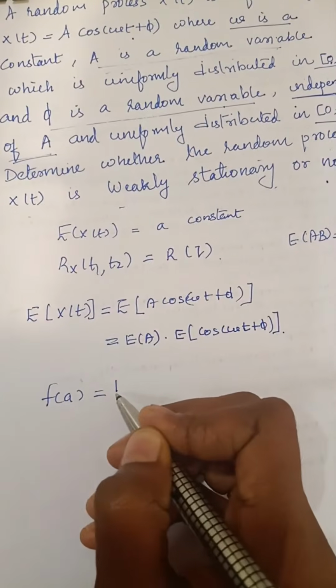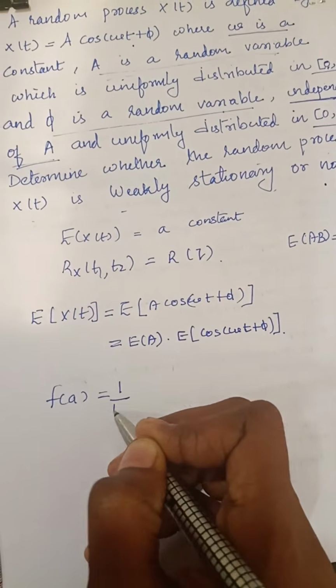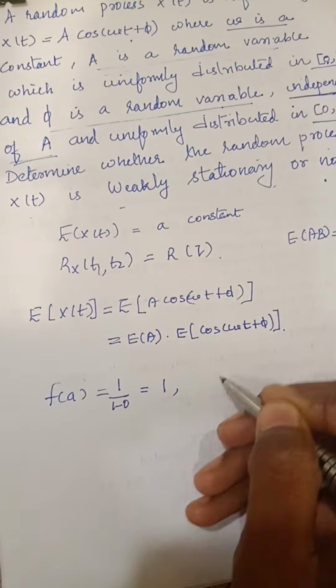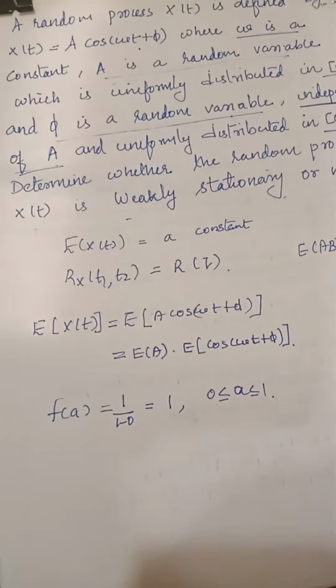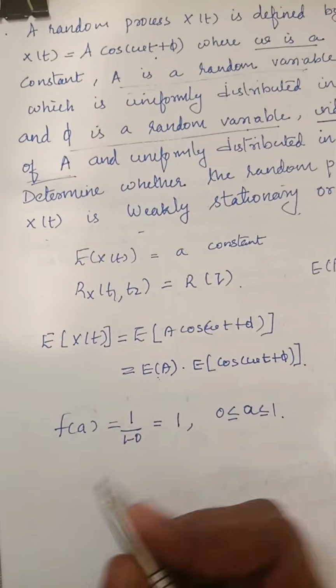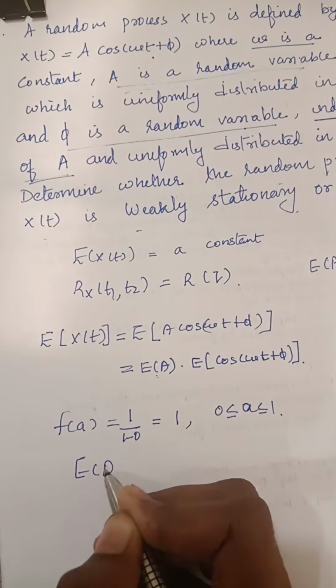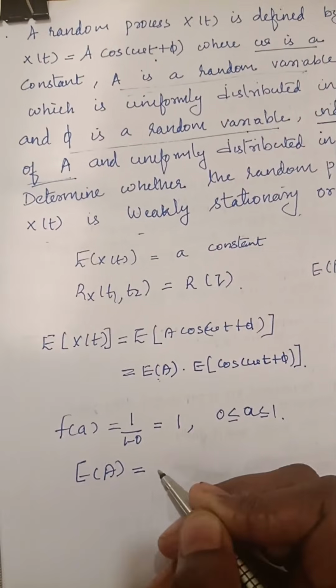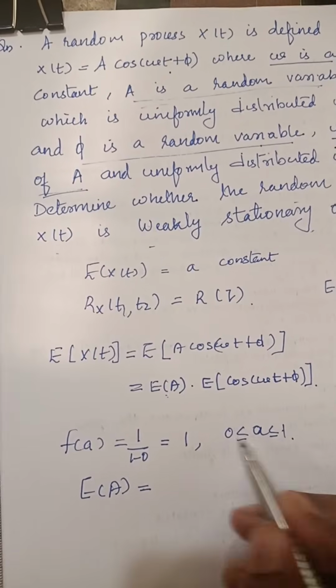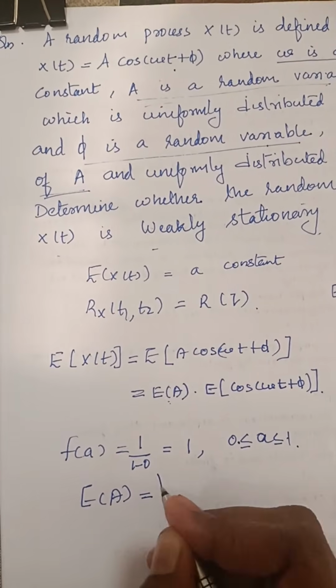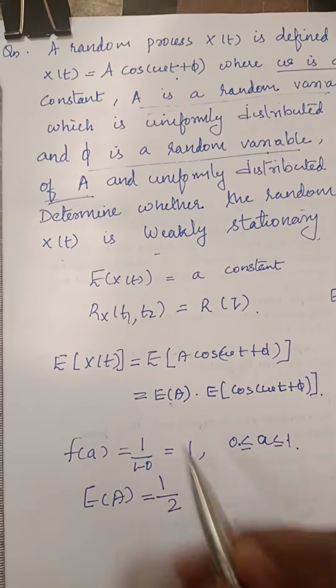So 1 by (1 minus 0) is 1, over the limit 0 to 1. And what is expectation of A then? We know that expectation of a uniform distribution is (b plus a) by 2. So (1 plus 0) by 2 is 1 by 2. So expectation of A is 1 by 2.